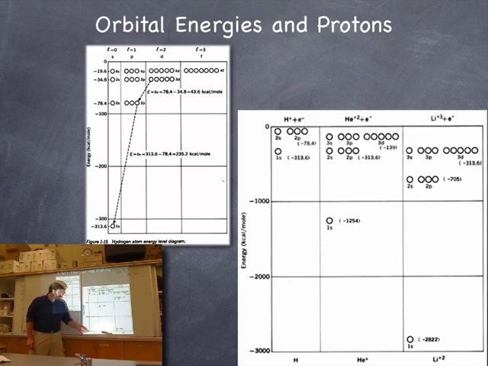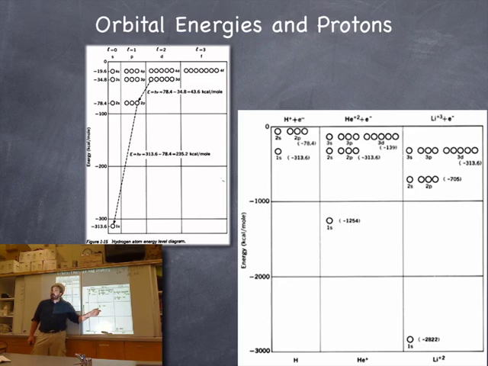Here's hydrogen. This is a helium ion and a lithium ion. You can see that the spacing changes. Here's my hydrogen's 1s to 2s. Look at the lithium 1s to 2s. Adding protons deepens the energy well. That means that to go from 1s to 2s is a much larger jump in helium than it is in hydrogen.